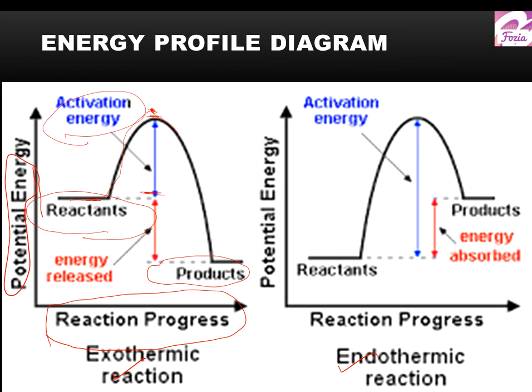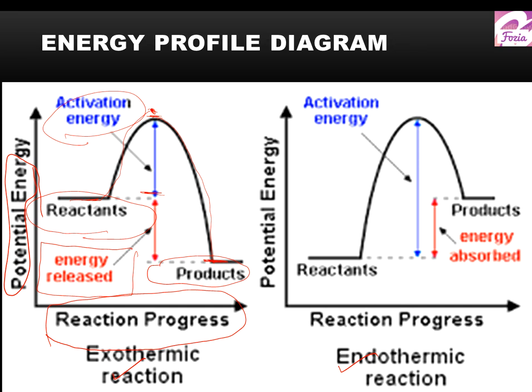Then the system lowers its enthalpy, or energy, to give the final products, and the overall energy is released to the surroundings. So even though they are exothermic, the reactants need the minimum amount of energy to undergo chemical transformation.